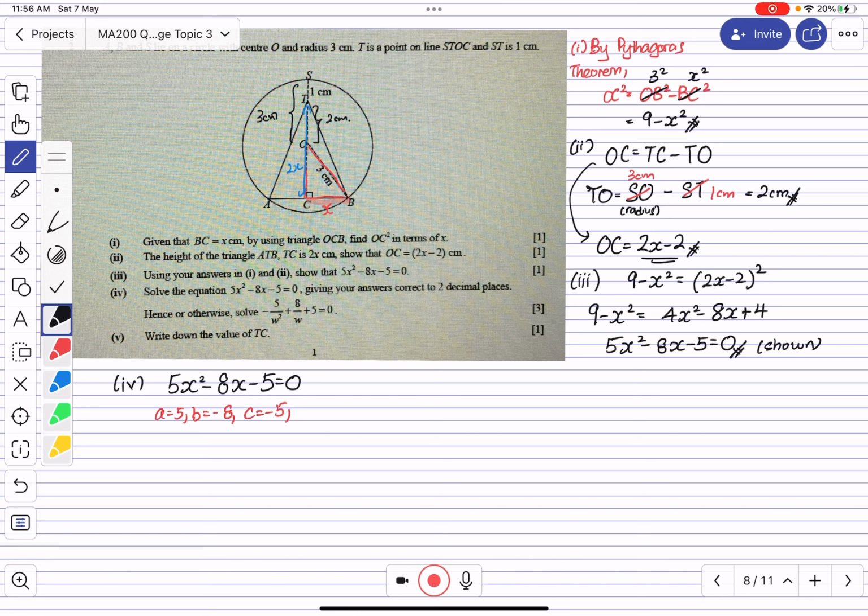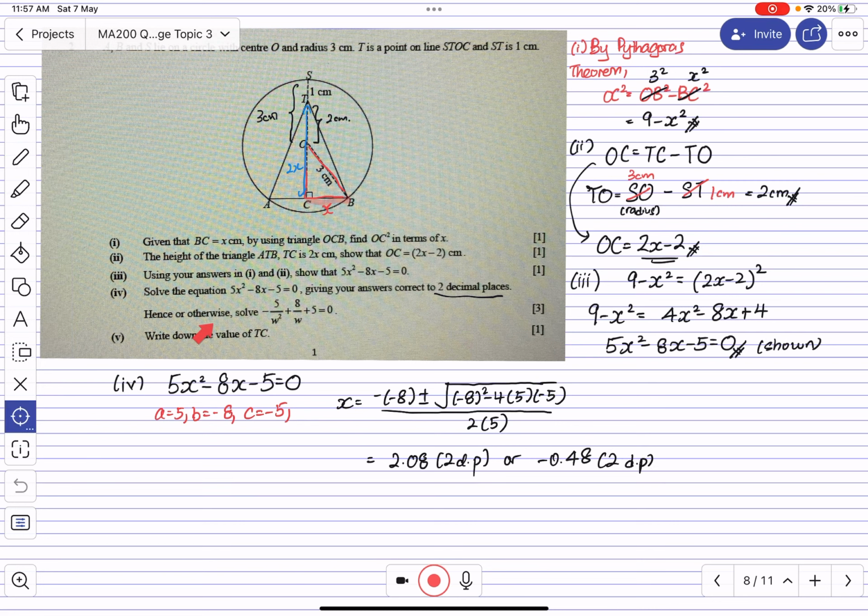From here, x will be equal to negative b plus or minus the square root of b squared minus 4ac, over 2a. Just by solving, you should get x to be 2.08 to 2 decimal places following the question's instructions, or negative 0.48, again to 2 decimal places.